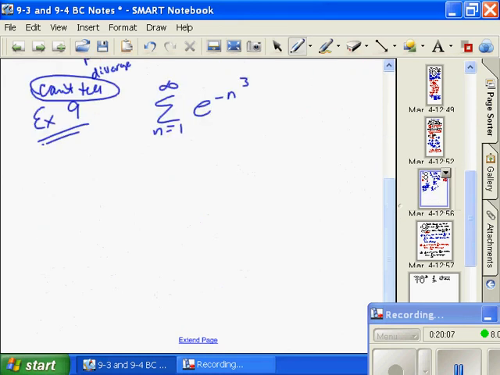And the last one in this section, example 9, let me rewrite this as the summation of n goes from 1 to infinity of 1 over e to the n cubed. That's my a sub n. I'm going to let my b sub n be equal to my 1 over e to the n.